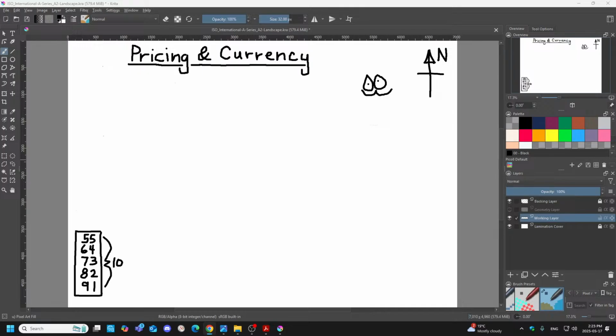Proportion in mathematics. Going over some definitions here quickly. Okay, in math, proportion is an equation stating that two ratios are equal. Now I just want to have a quick look here.